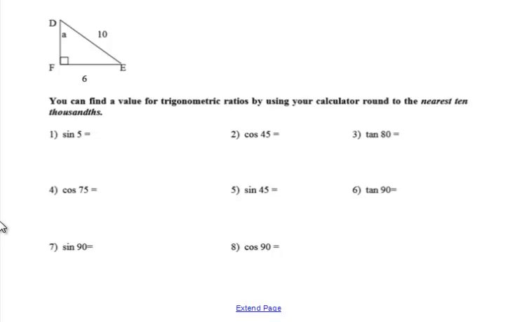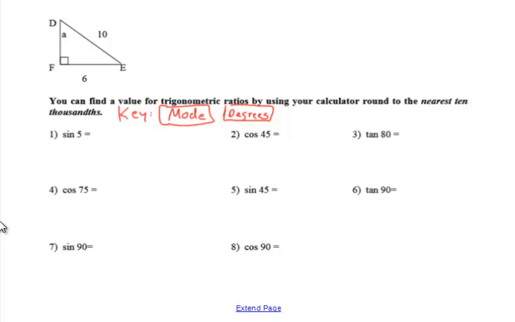But the big key here when you're doing this on the calculator is to get the mode right. So when you press the mode button on your graphing calculator, we want to make sure that we have degrees. So when you click on mode, you'll see an option and you'll have radians and degrees. And you're going to go ahead and click on degrees.